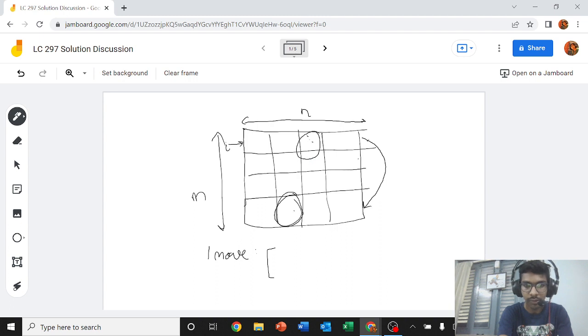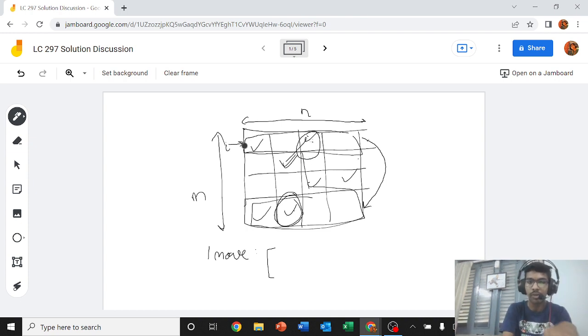The only thing is that we need to move from the first row to the last row. It can be like this, first here, then here, then here, or it can be like this, anything. But of all the possible moves, we need to determine the path having the minimum cost.